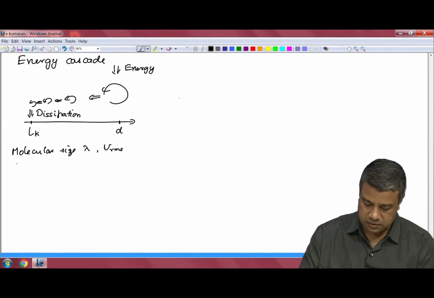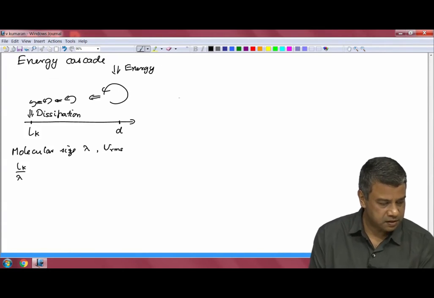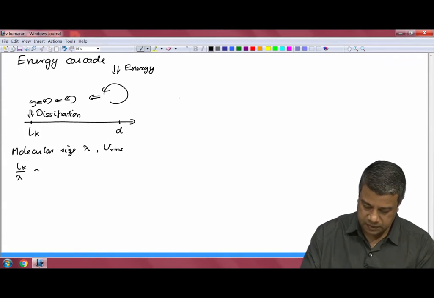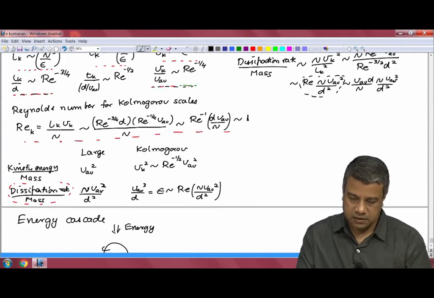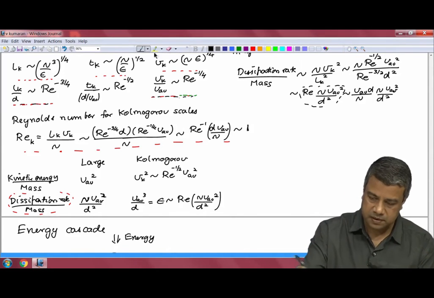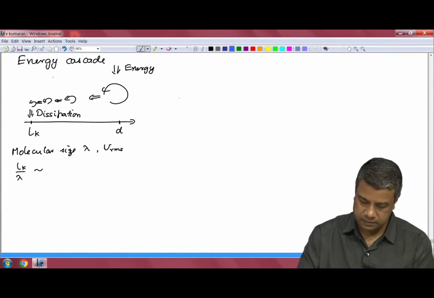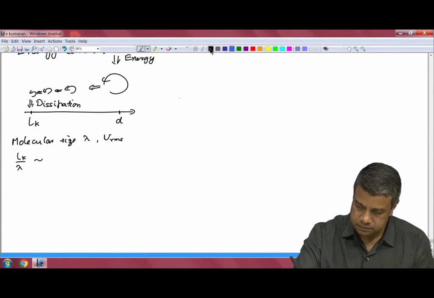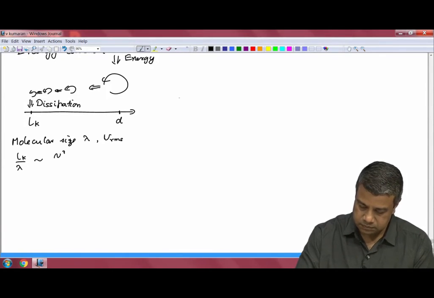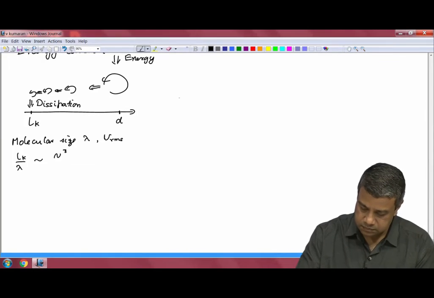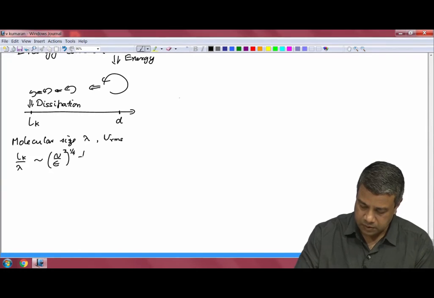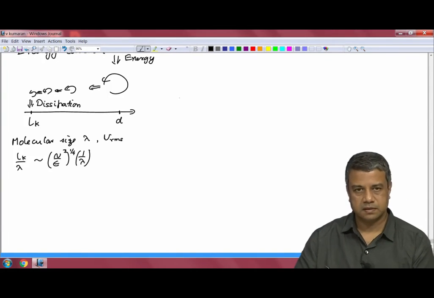So, what is the ratio of the Kolmogorov scale divided by the mean free path? The Kolmogorov scale, I had told you, was nu cubed by epsilon to the power 1/4, into 1 over the mean free path.